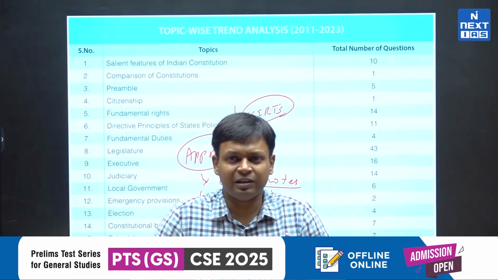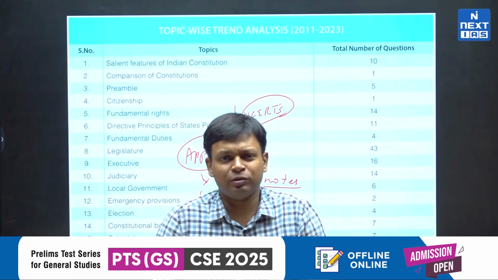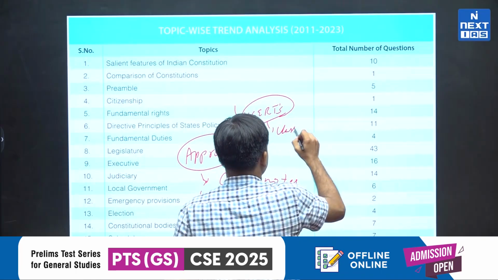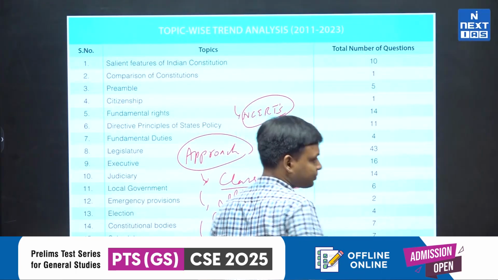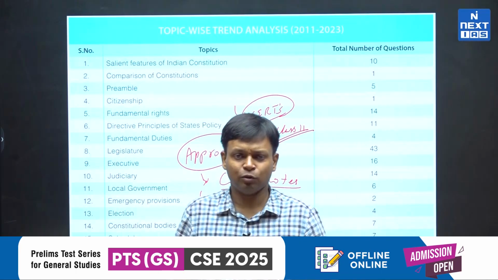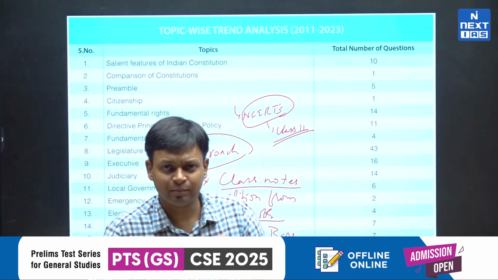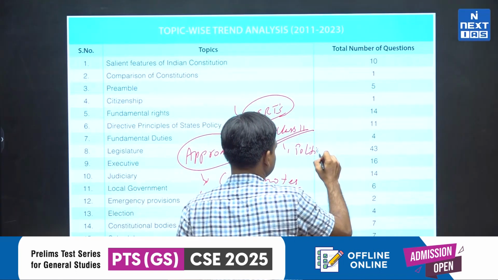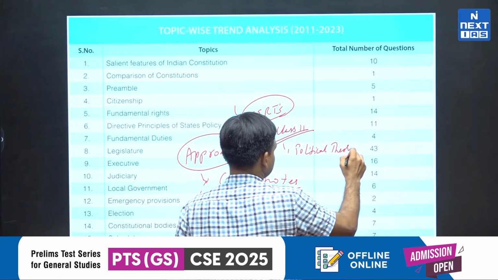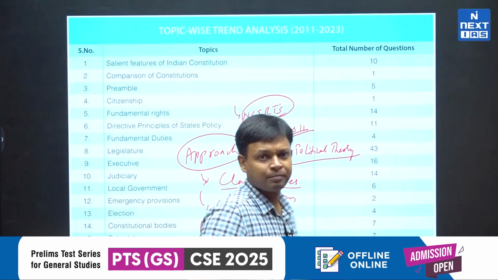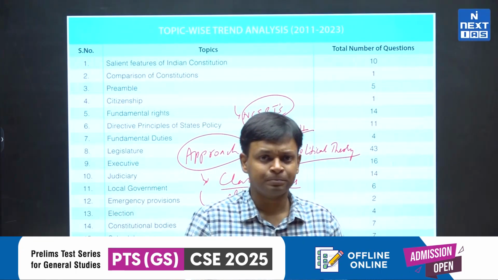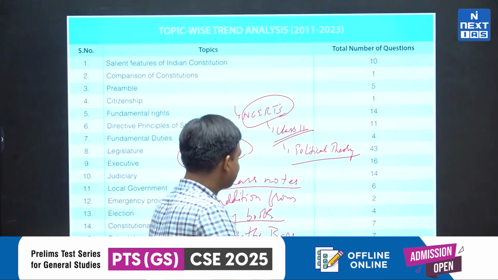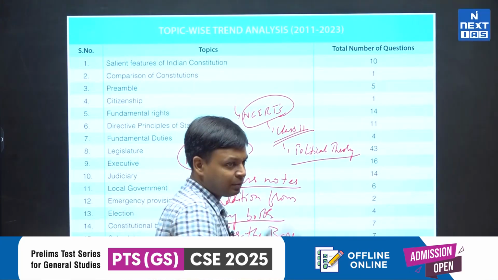If you are finding difficulty in understanding polity initially, you can go through the NCERTs also. NCERT class 11th, only class 11th. There are 2 NCERTs. The more important one to my understanding is political theory. You can go through this. Okay? So, these are the general sources which we can use to approach the polity preparation.